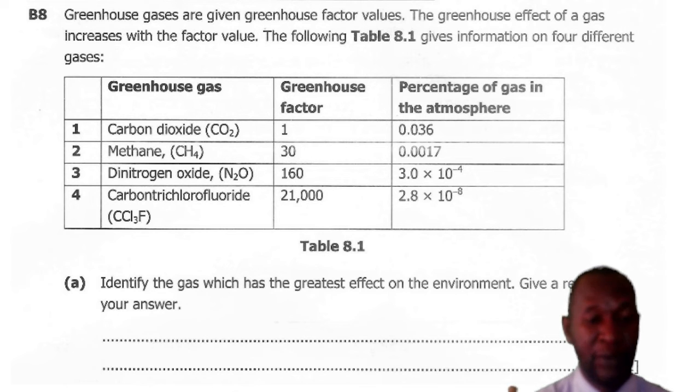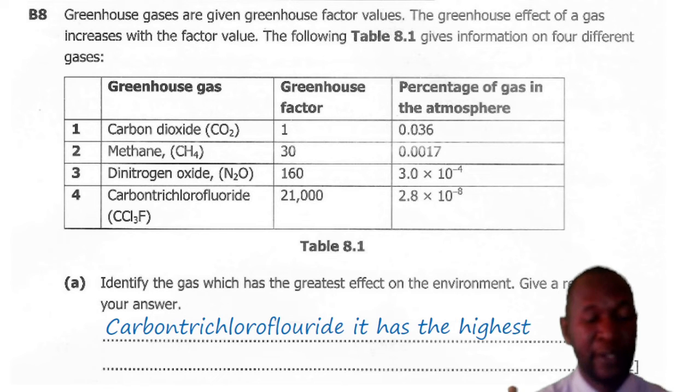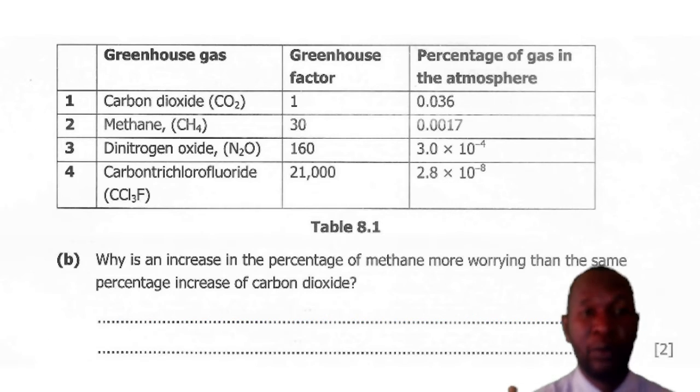The gas with the greatest effect on the environment is carbon trichlorofluoride because it has the highest greenhouse factor of 21 per thousand. Part B. Why is an increase in the percentage of methane more worrying than the same percentage increase of carbon dioxide?